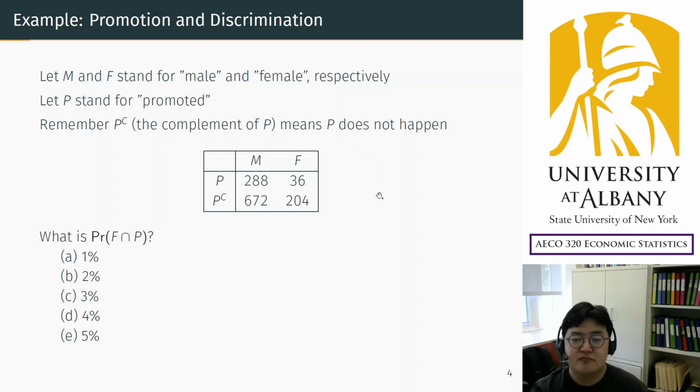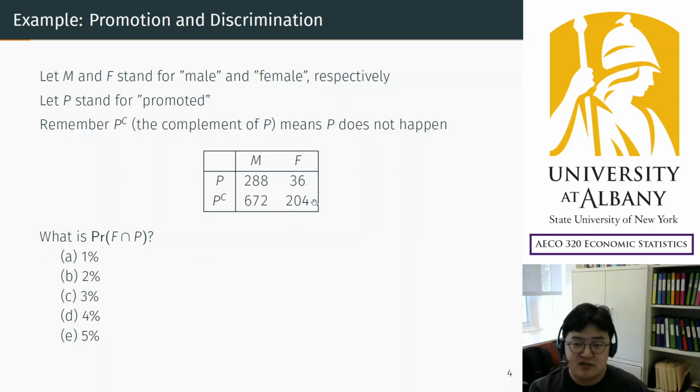Okay? So then, first simple question. Based on chapter 1, we learned how to calculate the probability of this thing: F cap P, or the probability of the intersection of two events F and P. Calculate this probability based on the table.